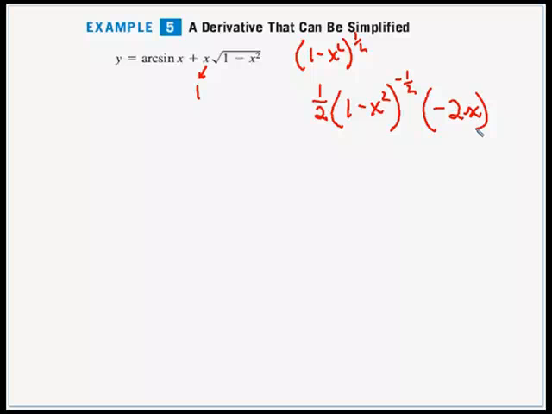The 1/2 and the negative 2x are just going to combine to negative x, and then our quantity, 1 minus x squared to the negative half power. So I guess we could rewrite it by moving that quantity to the denominator. So negative x over, and let's even write it as a radical, why not? The square root of 1 minus x squared.